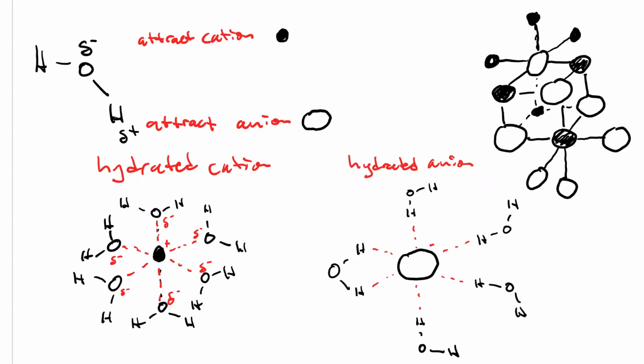Here's a picture of a hydrated anion. You got the negative charge on the anion in the center, and now the water molecules are pointing their hydrogen bond donors with the delta plus charges at the anion in the center. So this is a hydrated anion.